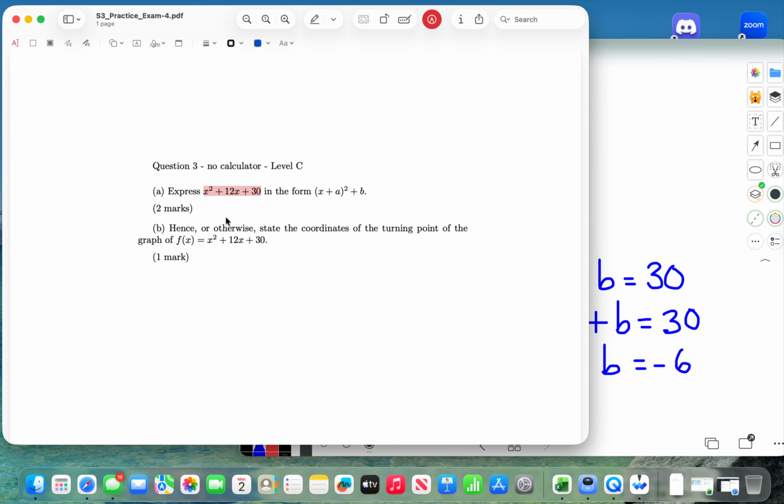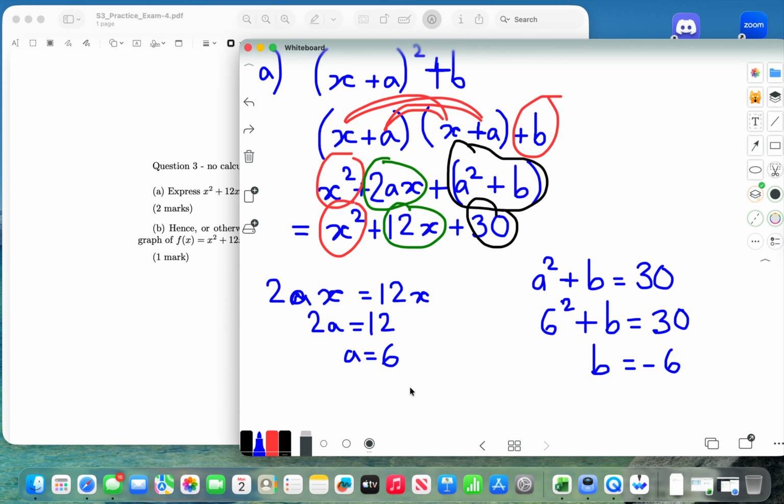So we have to express x squared plus 12x plus 30 in the form, well, we can just substitute a and b, and we get x plus 6 squared minus 6. And that's the answer to the first section.